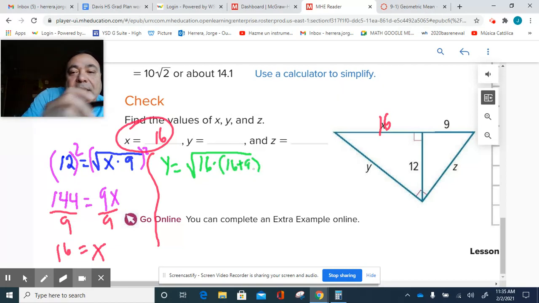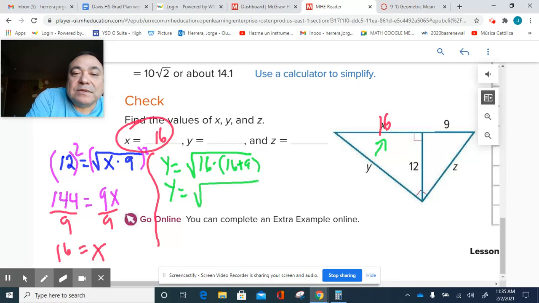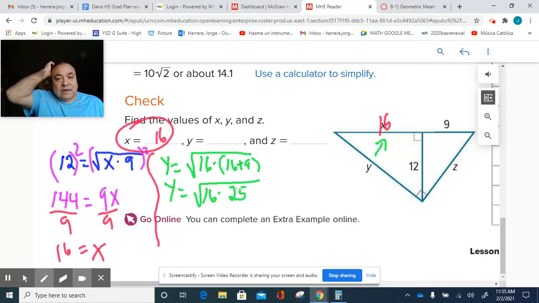Because as you can see, I immediately have that one, but then I need to add those two. So y equals the square root of 16 times 25. And then I see something really cool.